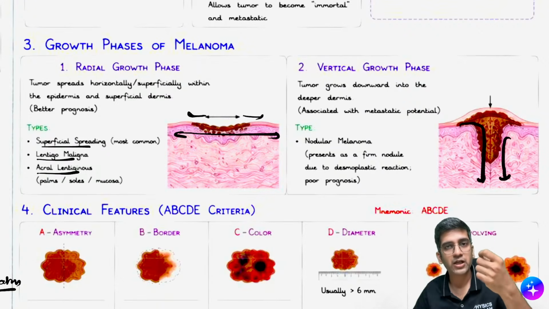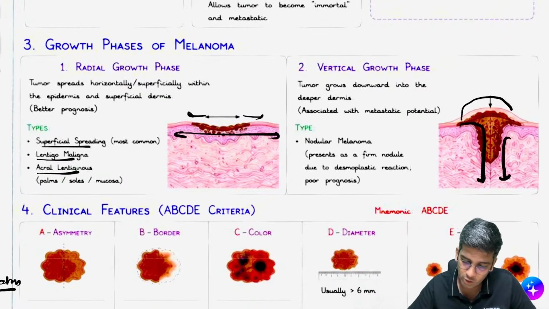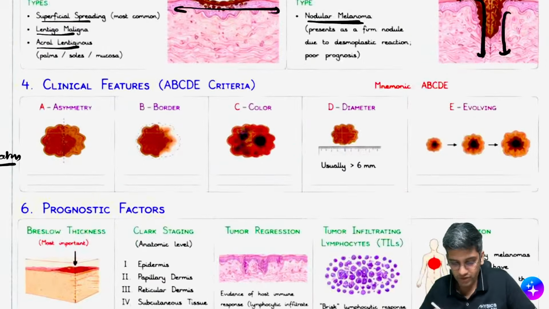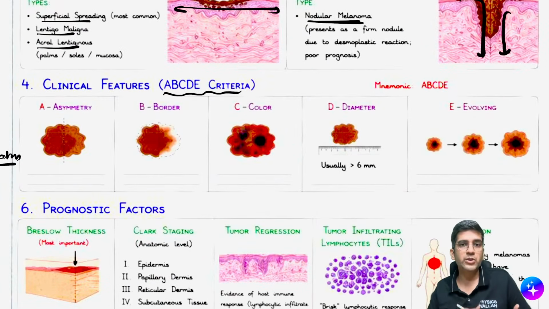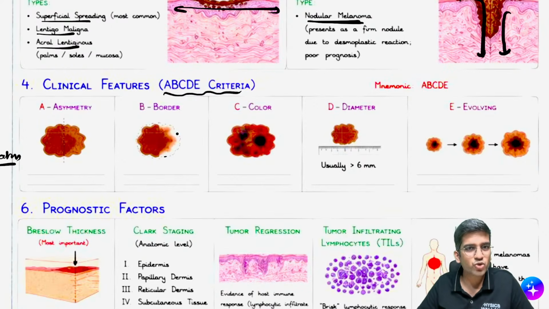So more desmoplasia, more fibrosis, the harder the tissue becomes. So I have nodular melanoma here. These are the types of melanoma, nodular melanoma, right? And the ABCDE features help me differentiate a mole from melanoma. If it's asymmetrical, and the borders are not regular, irregular borders, there's a difference in color variation, or it has grown. Previously it was here, it has grown beyond 6 millimeters.